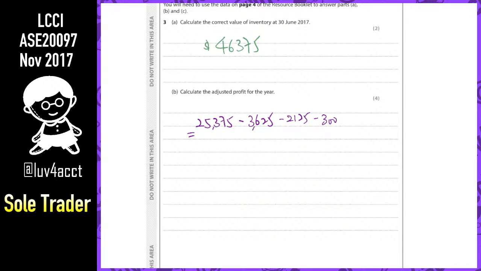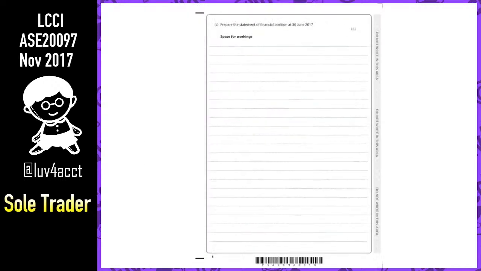So 25375 minus this one, minus 2125, minus 300. That will give you 19325. Done. After question B, we continue for the preparation of financial statements.